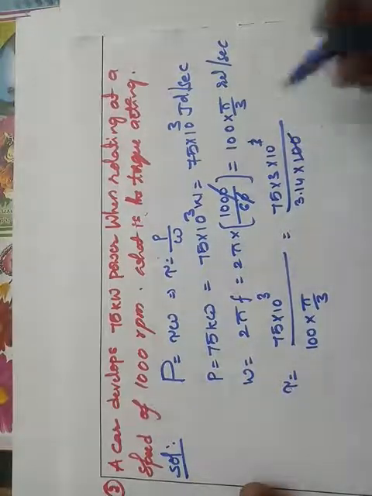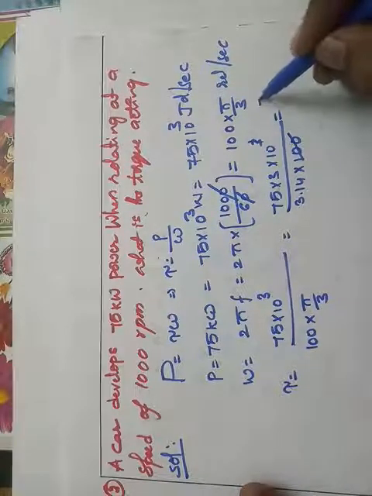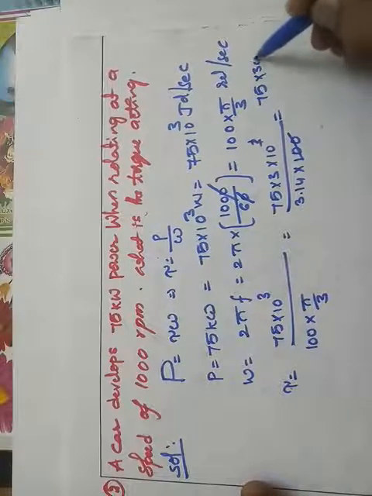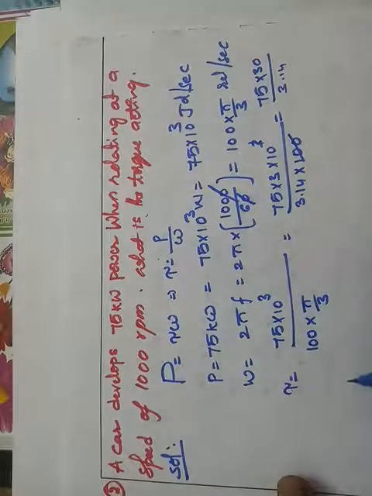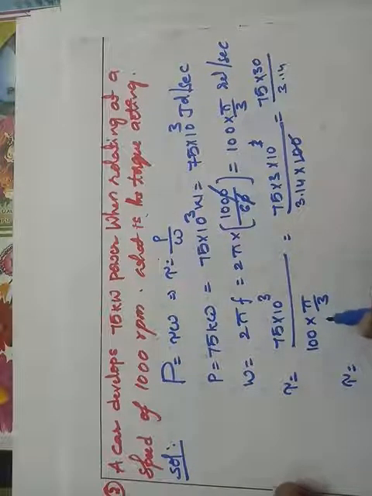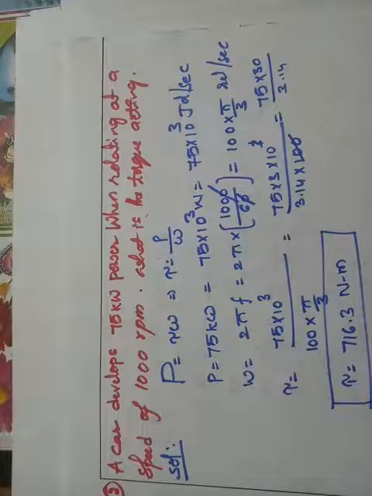Okay, 75 into 30, right? So by 3.14, finally we'll get tau equal to 716.3 Newton meters. So this is our resultant answer. The torque acting is 716.3 Newton meter. So this is the answer.